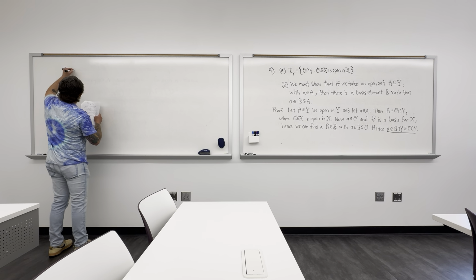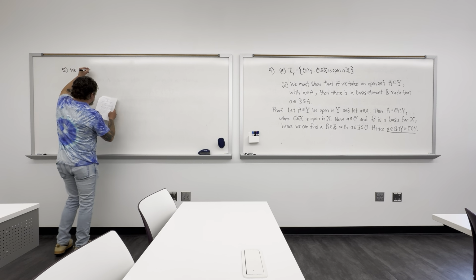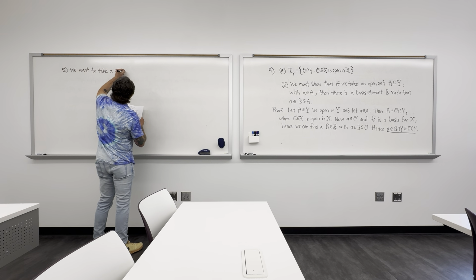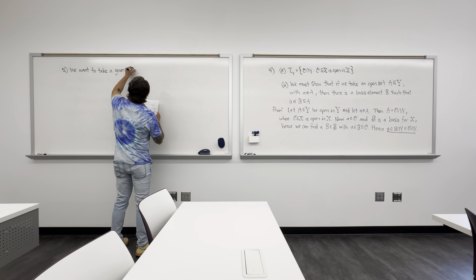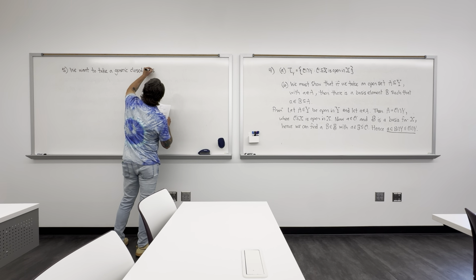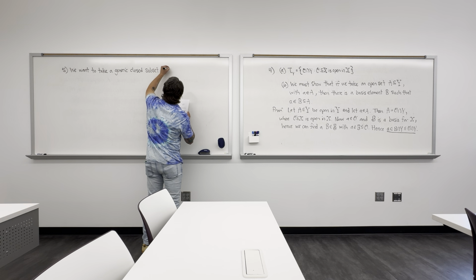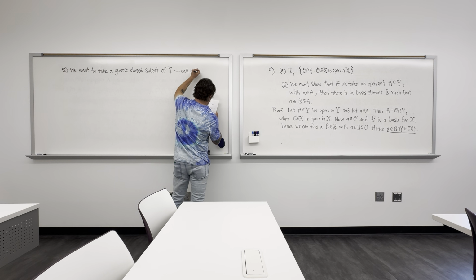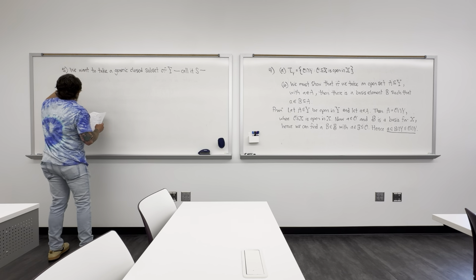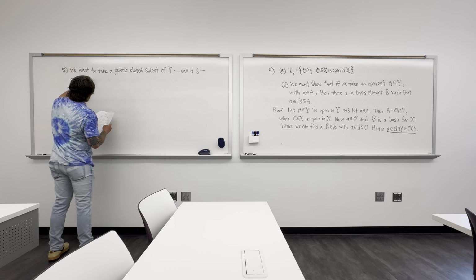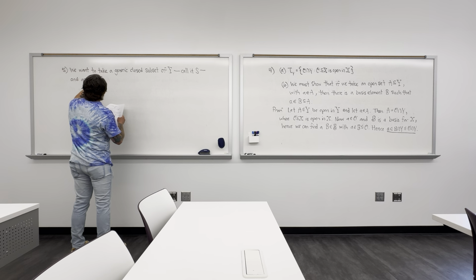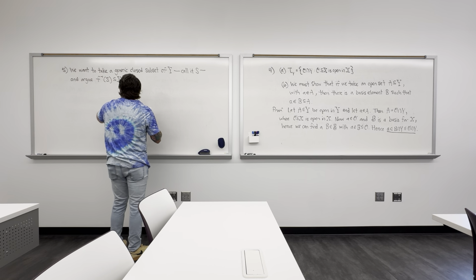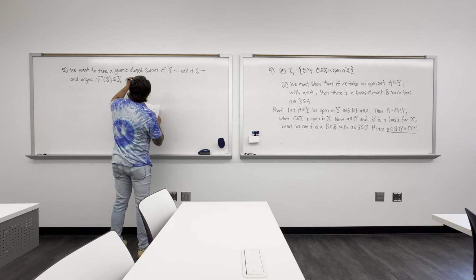So number 5, what we want to do is we want to take a generic closed subset of Y. Let's call it S. And argue the pre-image, the inverse image, which is in the space X, tau, is closed.